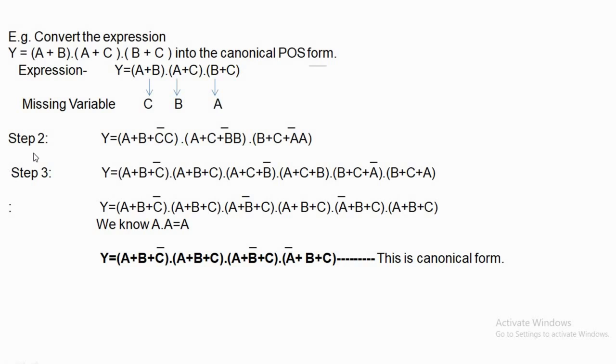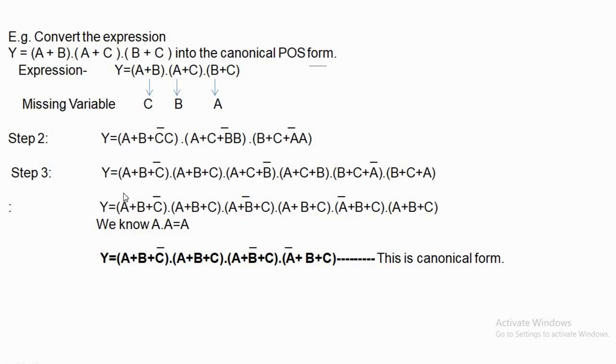Now do the second step, that is slightly different than the SOP form. So here, the first term is written as it is, a plus b, and the missing term is c, so you have to OR c bar into c. Next, in the second term, a plus c as it is, plus b bar b. In the third term, a is missing, so b plus c as it is, plus a bar a. Now, simplify this equation.